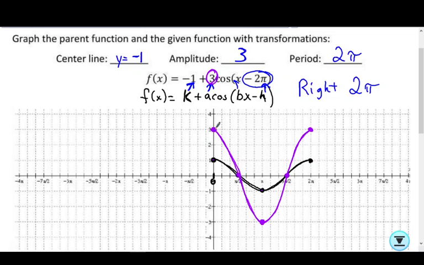We're just going to move all of these points over. This point is going to move to here. This 0 is going to move to here. Pi plus 2 pi is 3 pi. This is here, and 2 pi plus 2 pi is 4 pi. So this is my new function, and it almost looks like I just continued the cosine out.